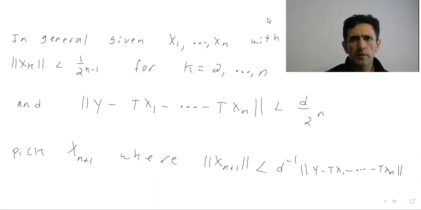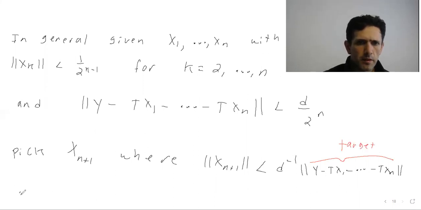Again, this is my target here. So it's going to be my target minus t of xn plus 1. I'll put my target in parentheses.